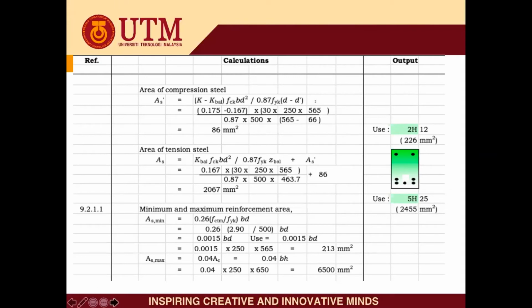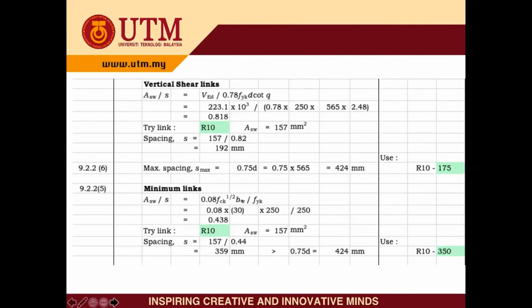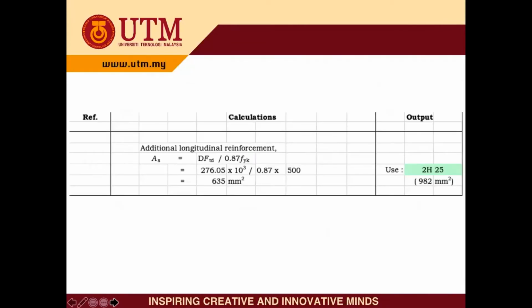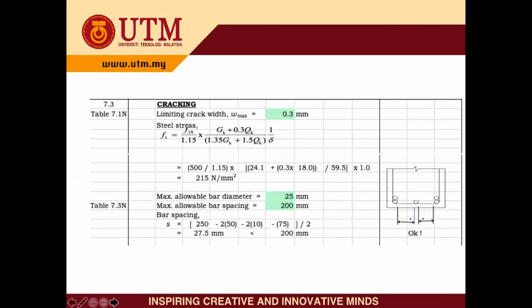Next one is the shear design. You have done it. Deflection, yesterday's, and cracking. It needs GK and QK, and delta must be equal to 1, because so far we don't consider redistribution. Simply put, we don't need redistribution so far, so this is equal to 1.